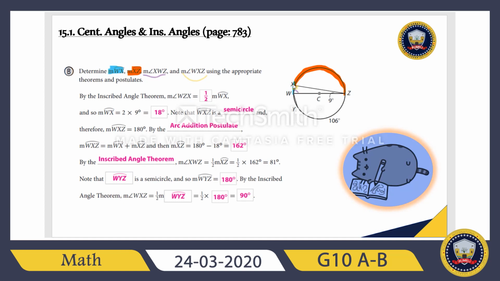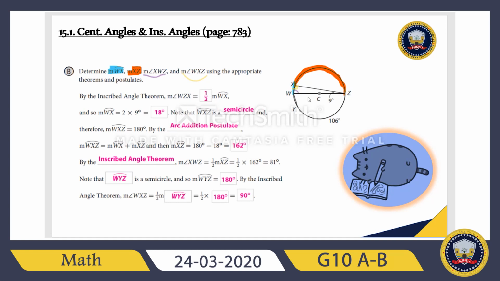So the measure of my arc is equal to twice the inscribed angle. So it's 9 times 2, which is 18 degrees. What about XZ? XZ is equal to what? The measure of WXZ, this total arc, equals WX plus XZ.